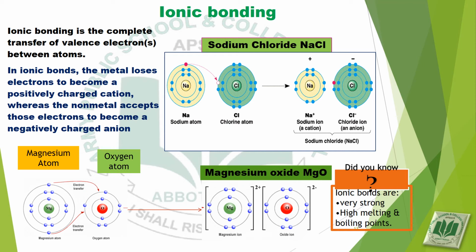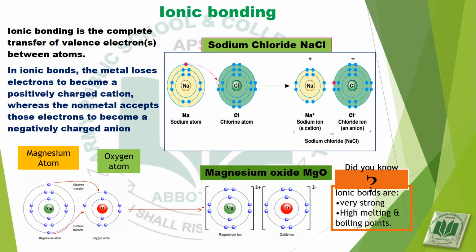For example, sodium and chlorine atoms combine together, chemically react with each other and form an ionic bond. In this case, the sodium atom loses an electron and the chlorine atom gains an electron.